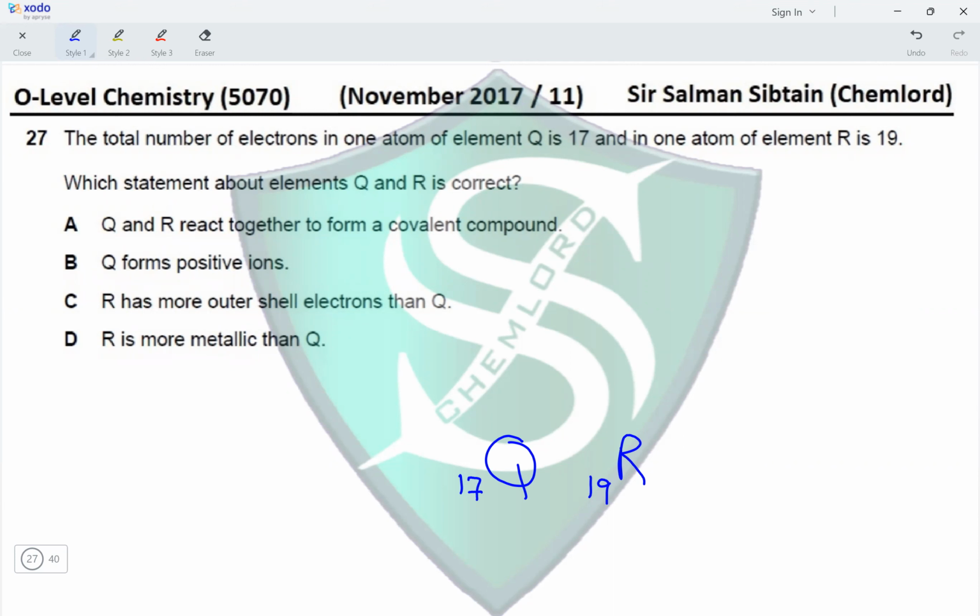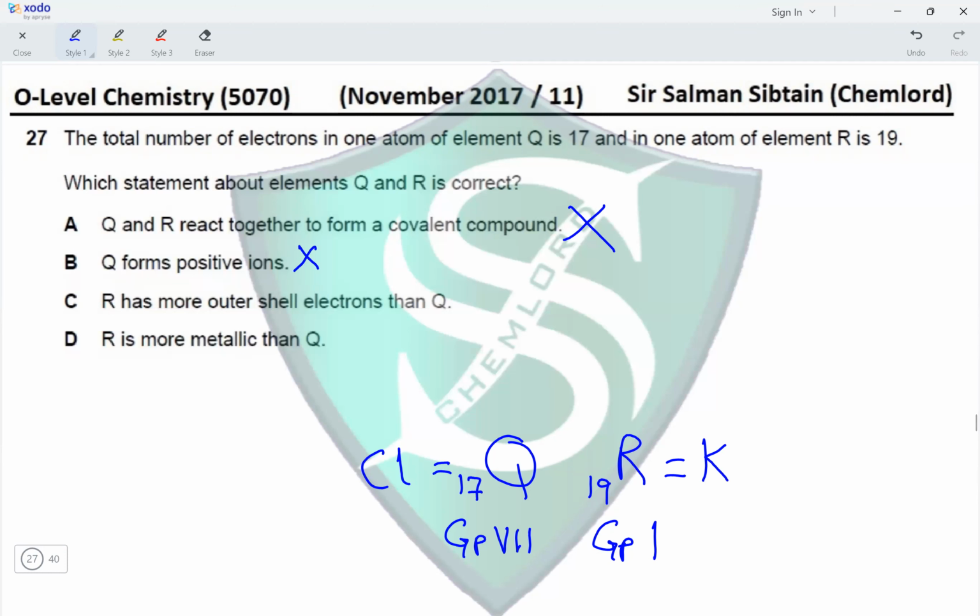No, because Q, having 17 as the proton number, is present in group 7, and R, having a proton number of 19, is present in group 1. R is potassium and Q is chlorine. So potassium chloride is an ionic compound, not a covalent compound. Q forms positive ions? Q is chlorine, it will form negative ions.